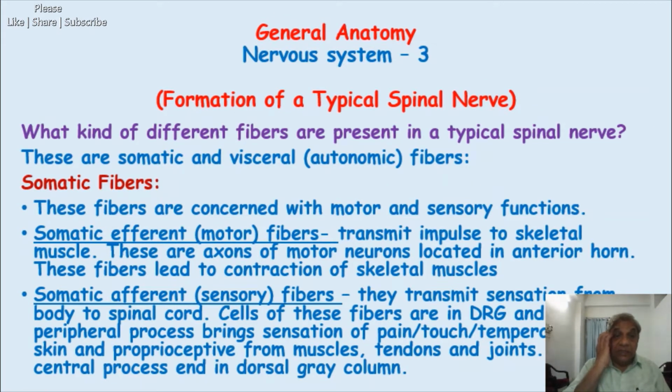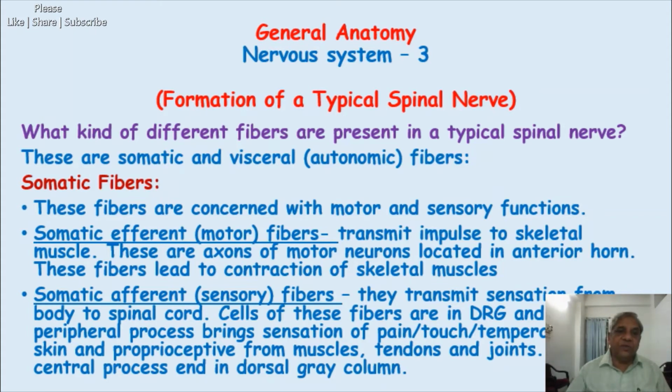Now, here again, what kind of different fibers are present in a typical spinal nerve? A typical spinal nerve contains both types of fibers, somatic fibers and autonomic fibers. In the peripheral nervous system classification, we learned that it is classified into somatic, autonomic and enteric nervous system.